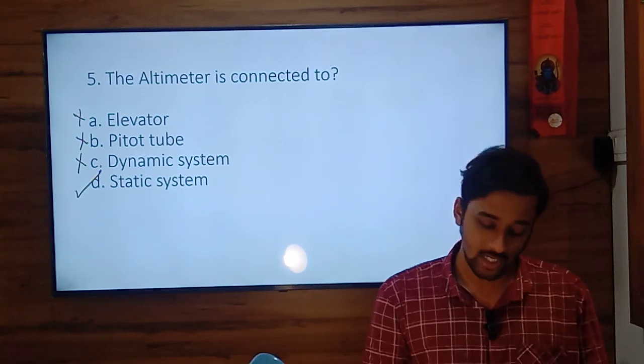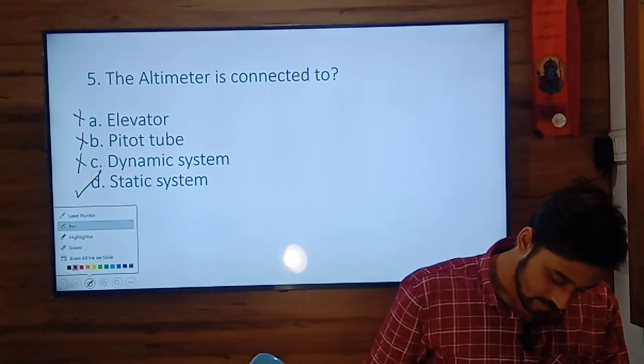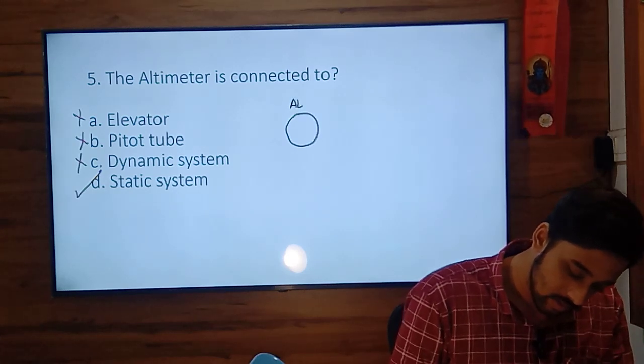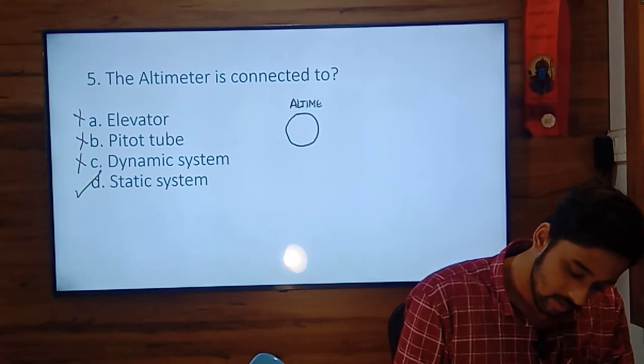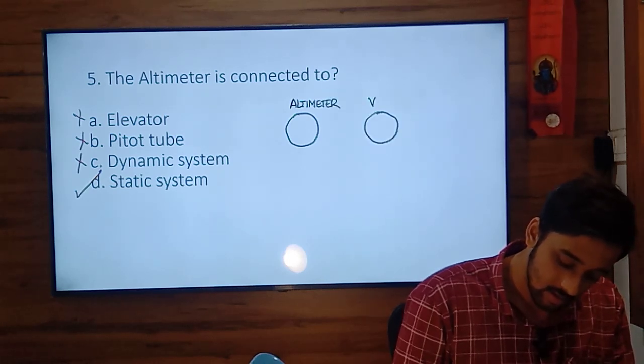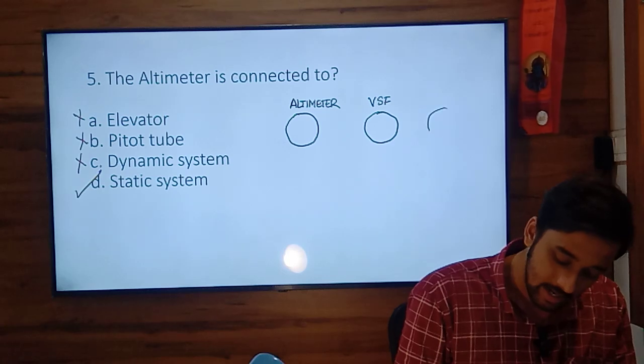Now we have three pressure instruments: altimeter, VSI, and airspeed indicator.